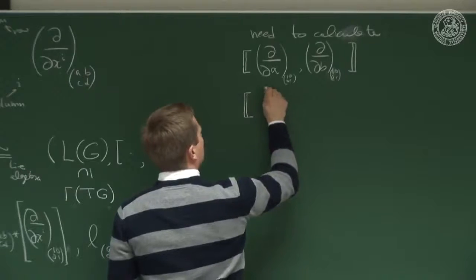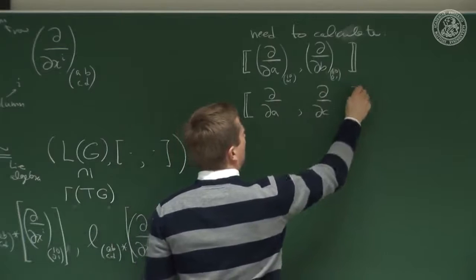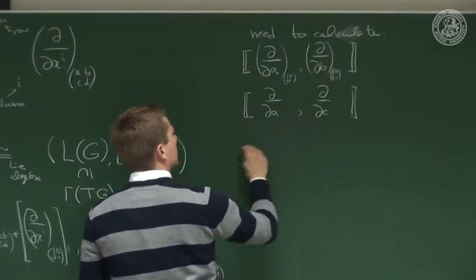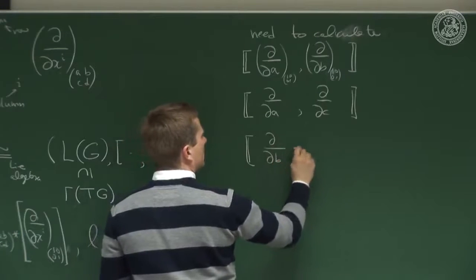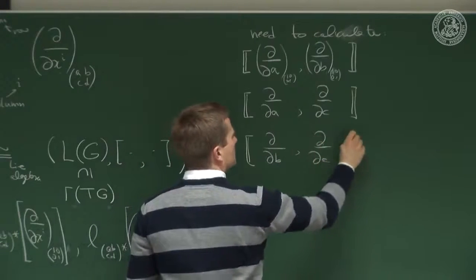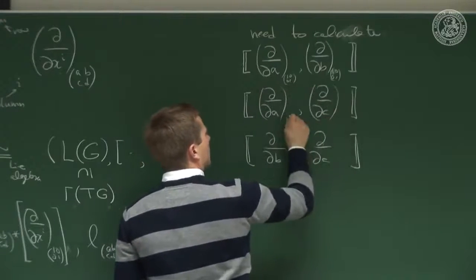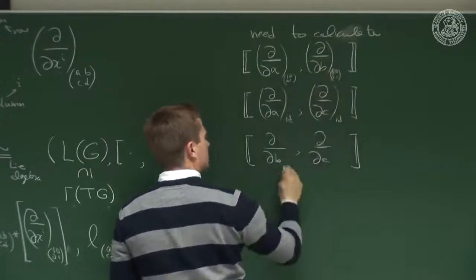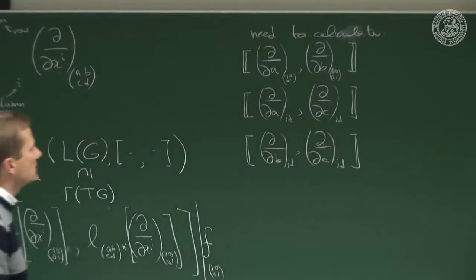So then we also calculate d by dA, d by dC, all at the identity. I don't need to indicate this again. And d by dB, d by dC. Well, in order not to get confused, let me write id here. So this is supposed to indicate the same identity element.